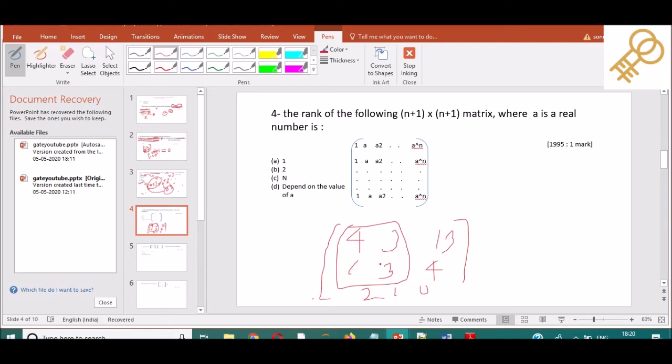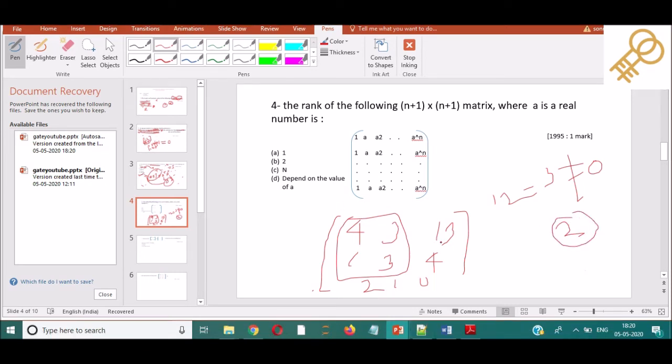We find the determinant of that matrix: 4 into 3 is 12, minus 3 into 1 is 3, and we get a non-zero value. Definitely the rank of the whole matrix is at least 2. Now it may be 3, but it is for sure that the rank is at least 2.